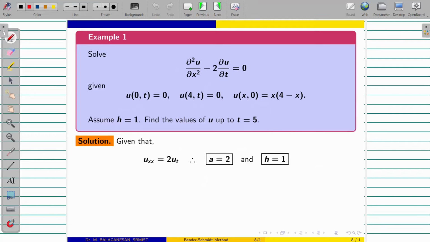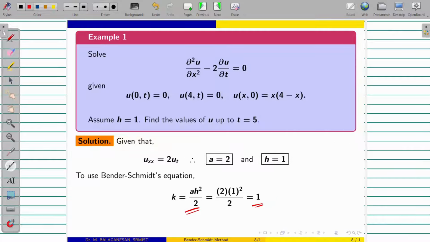So this is how we find the value of k. Look at that: u_xx = 2 u_t, a equal to 1, h equal to 1. In the Bender-Schmidt method, k equal to a h square by 2. So the k value is also 1. What is the meaning of that? This is my x direction. This is my t direction. In the x direction the difference is h.